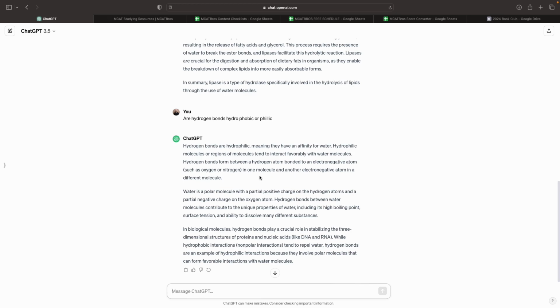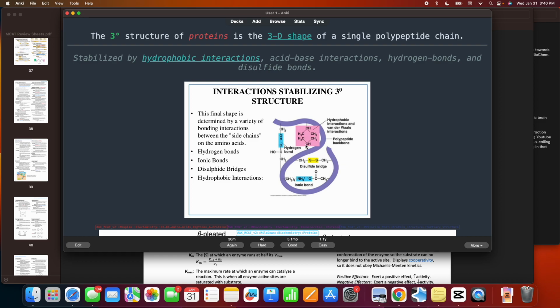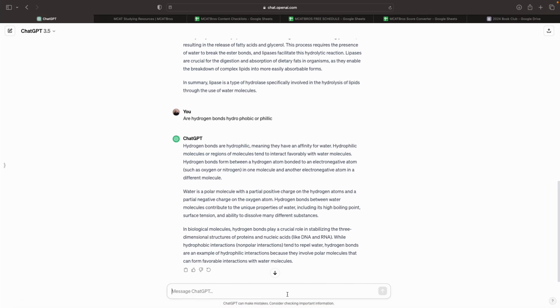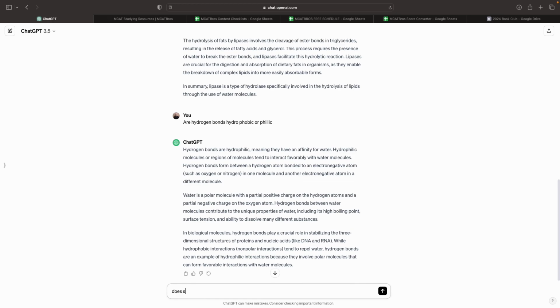They form between a hydrogen atom bonded to an electronegative atom, like oxygen and nitrogen. Does sulfur also bond to hydrogen?